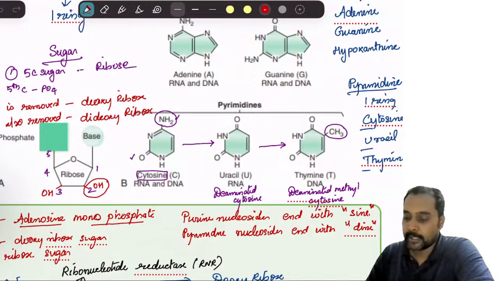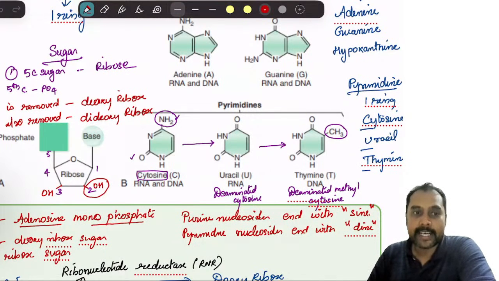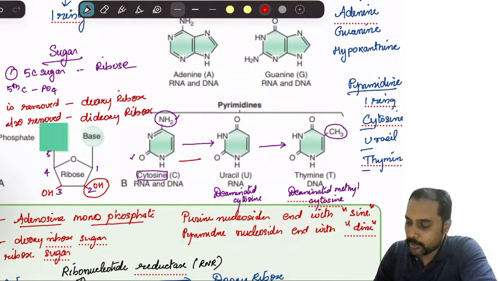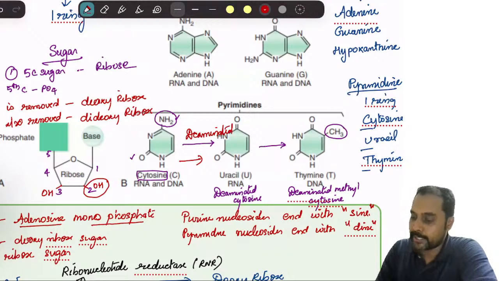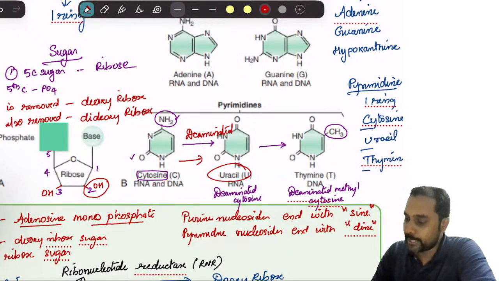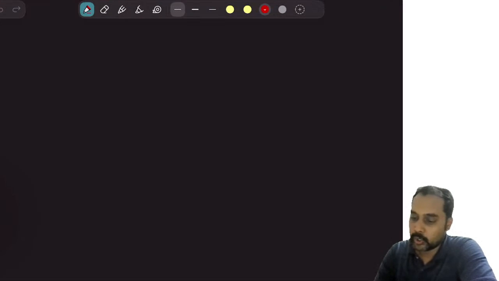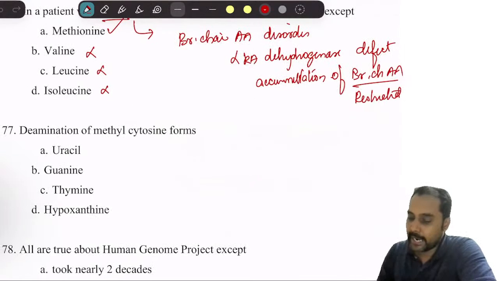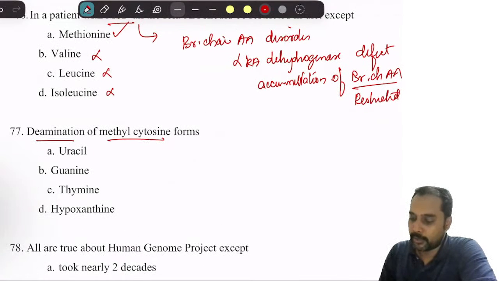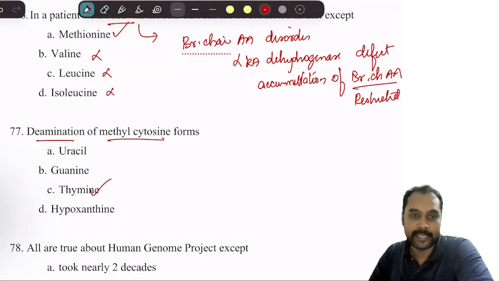What is the question they have asked? Deaminated methyl cytosine. Deaminated means the amino group is removed. So deaminated cytosine is called uracil. When you are putting the methyl group over there, then it will be called thymine. I have taught you this point already. So what is the answer here? Deamination of methyl cytosine forms thymine. Thymine will be the answer.